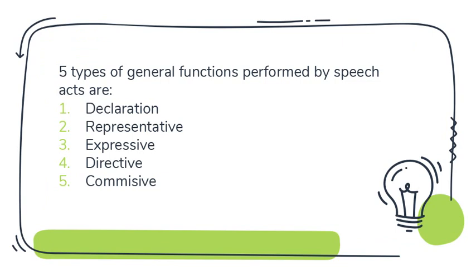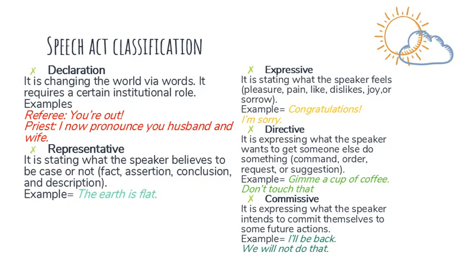There are five types of general functions performed by speech acts, which are declaration, representative, expressive, directive, and commissive. The first type is declarations. Declarations are those kinds of speech acts that change the world via words or utterances.